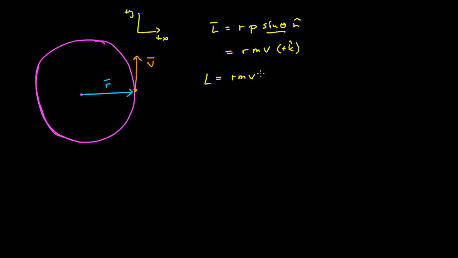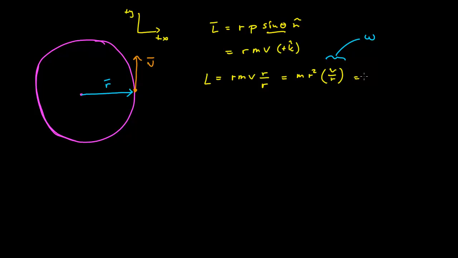If we multiply the top and the bottom by r over r, we can rewrite this as m r squared times v over r. And this is the angular velocity omega.